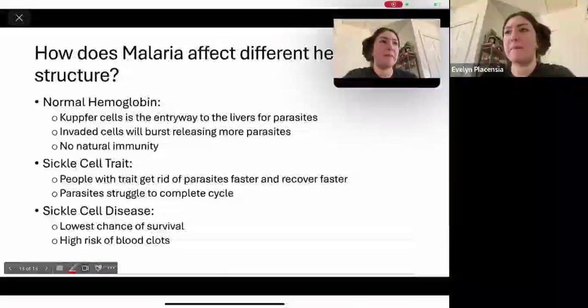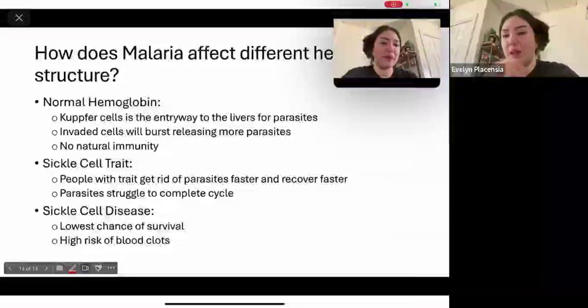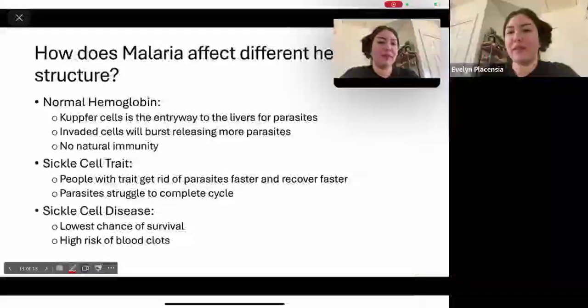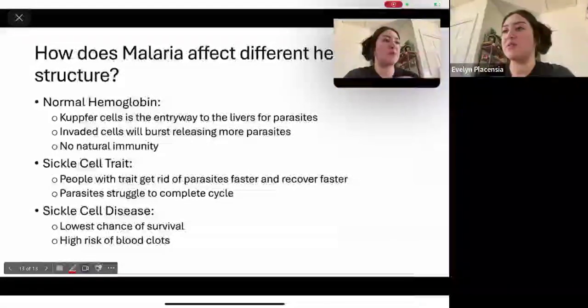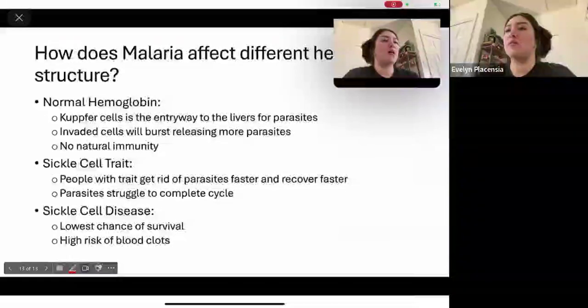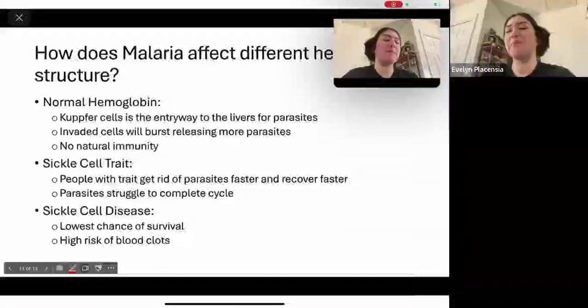So what happens when parasites try to attach themselves? Well, they'll burst immediately. And so what happens when you have a constant amount of red blood cells bursting, we do have a loss of cells. They already don't last very long, right? They only last 10 to 20 days, while the normal ones last up to 120 with a good diet.